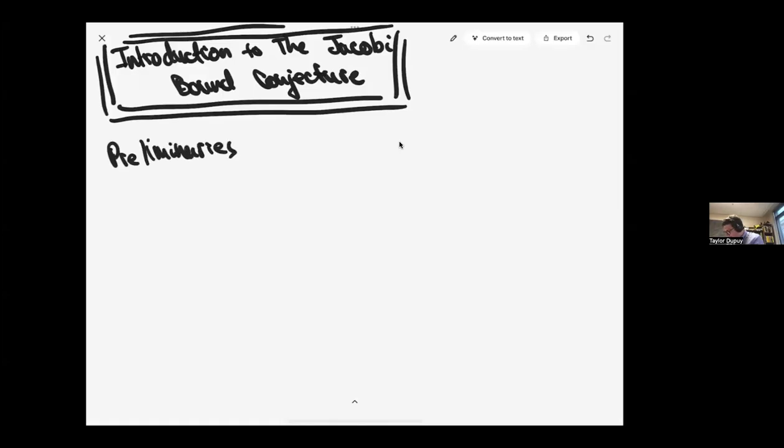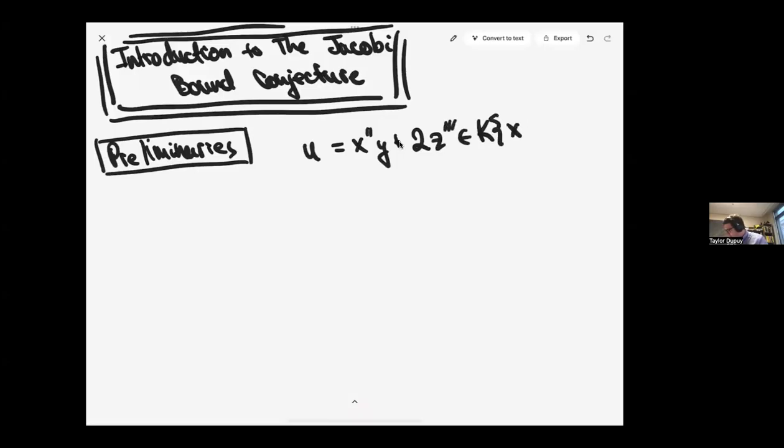I just need some notation. If I take u to be a differential polynomial, like u prime prime plus y, 2z, and then we'll do cubed here, it's going to be in a ring of differential polynomials in three variables.